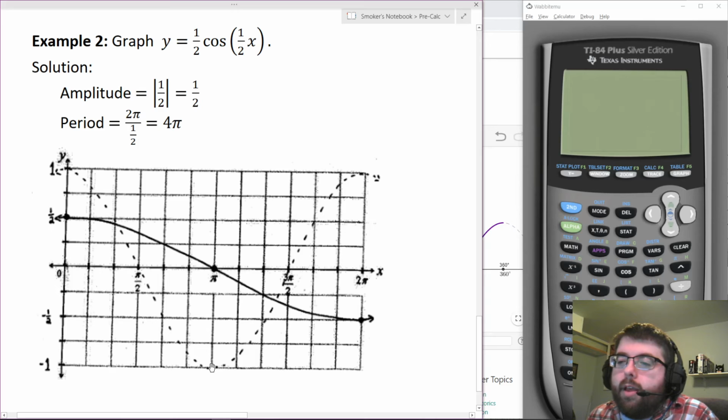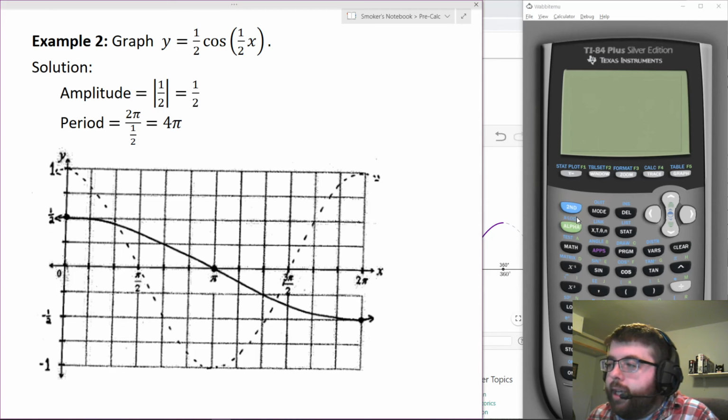Where it was -1, which will now be -1/2, is going to be twice as far away from the x-axis. So you're only going to go through half of the cycle, and then we're done because we ran out of space. It starts at 1/2, goes to 0, then to -1/2, and we're done, because the period is stretched and we don't have the room for all that.